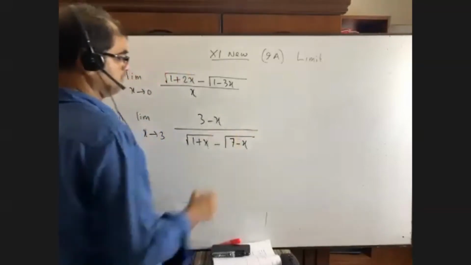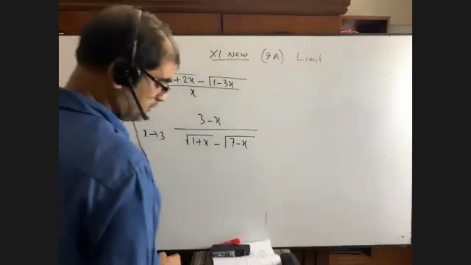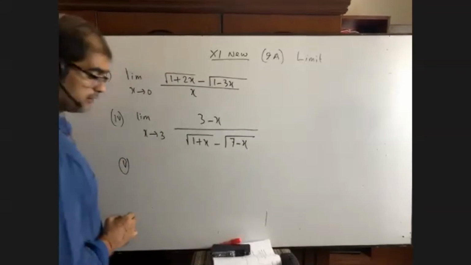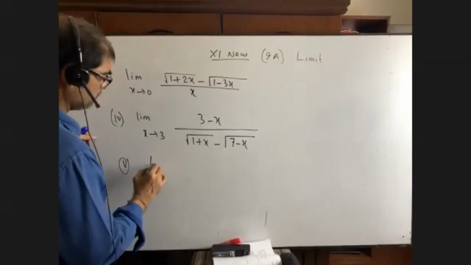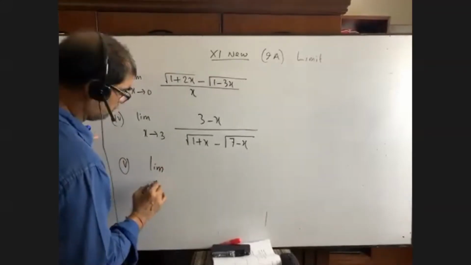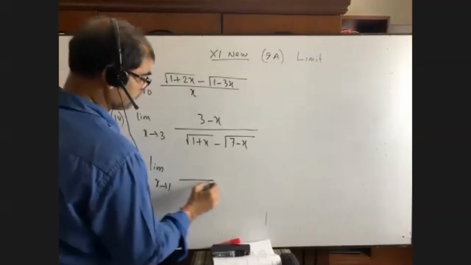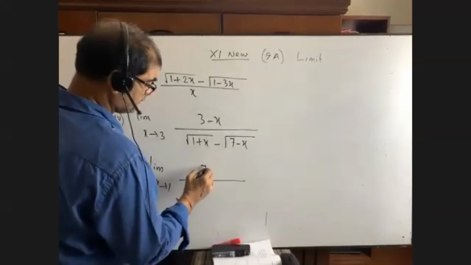Do it now. It is your turn. All of you will do. If you cannot do, then I'll not go to the next math, because you will need this math in the next maths.